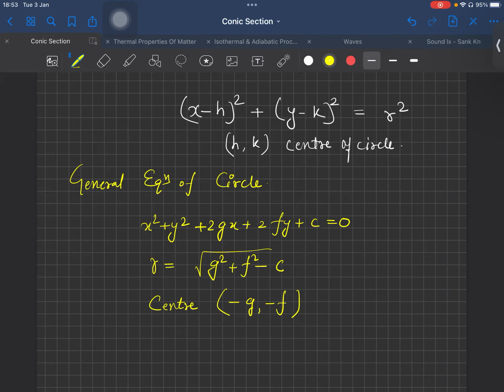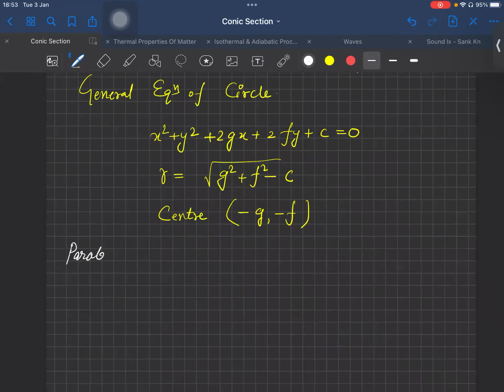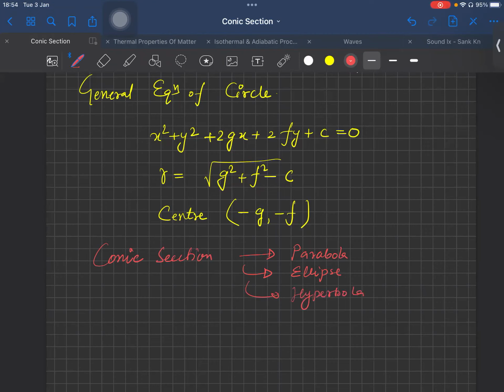So parabola is also a part of conic section, right? This is also a part of conic section, isn't it? So let's talk about conic section. That means we are talking about parabola, ellipse, hyperbola, and circles.